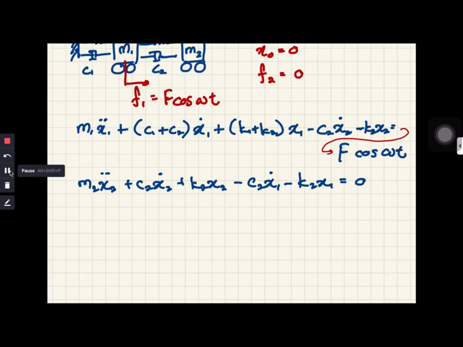Now from here, if we stay with this F cos omega t, and since the x term will be applied, if we use the normal particular solution, this x double dot will have cos omega t, right? But then this x dot will have sine omega t.